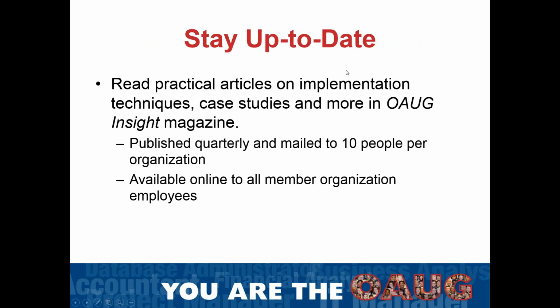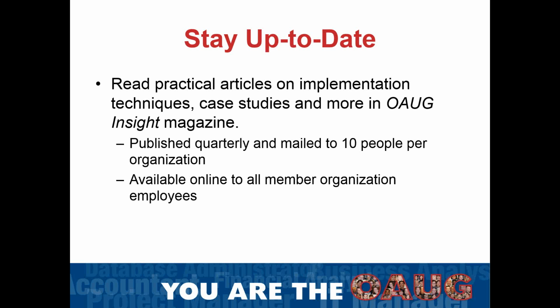Okay. We also want to help you stay up to date with what's going on in the Oracle world. And one of the best ways to do this is by receiving and reading the OAUG Insight magazine. This magazine is actually one of our highest rated member benefits. The OAUG Insight magazine is produced quarterly, and we will send your company 10 hard copies.